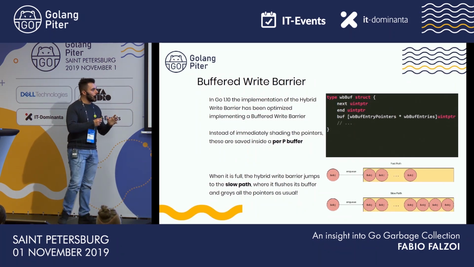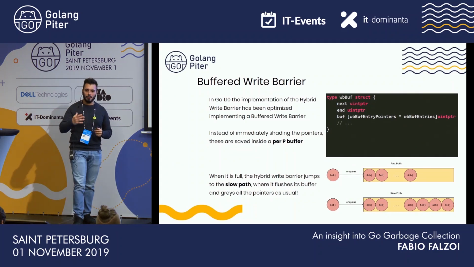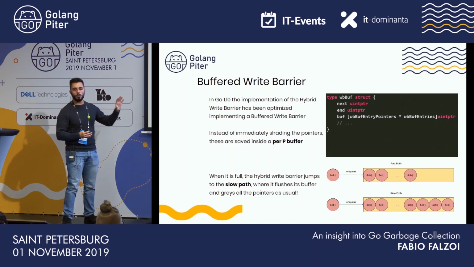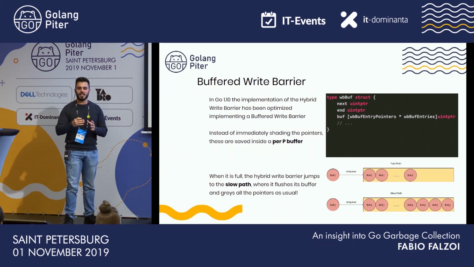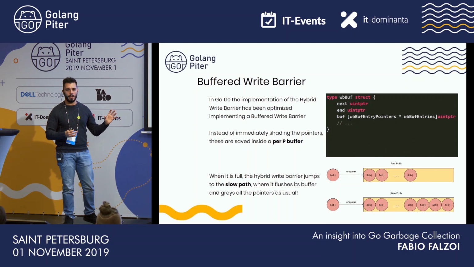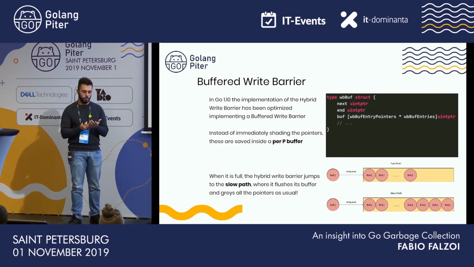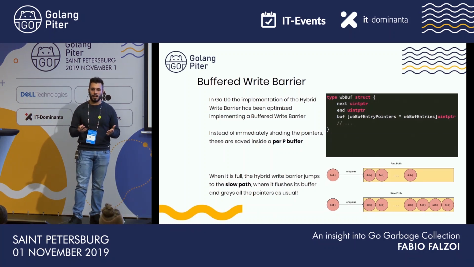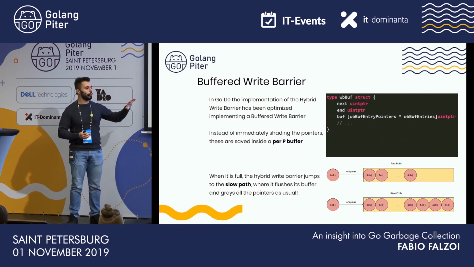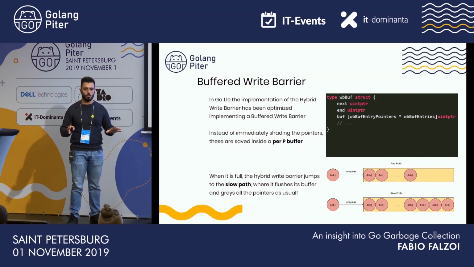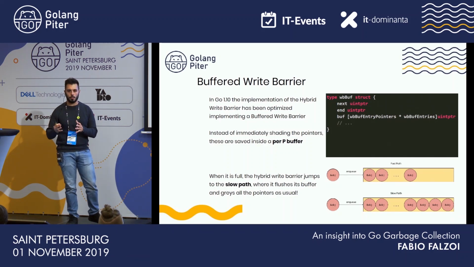Simply put, they introduced a buffer for each P virtual processor, where we store the address of the object that needs to be shaded, and if there is enough room in the buffer, the fast path of this buffered write barrier takes place, because the barrier is implemented in assembly, and doing so, you have to save and restore just a couple of registers, not the entire CPU register set. So in the first case, the fast path, this is not a normal Go function call. It is way faster than a normal function call.